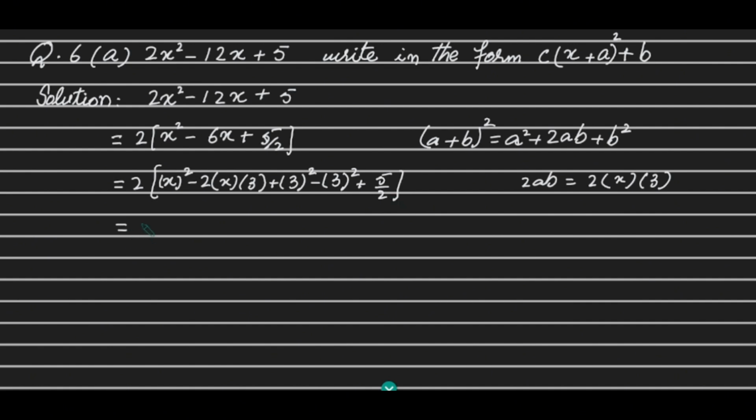Now we are looking at x squared minus 2x times 3, that is just like 2ab, plus 3 squared, which is b squared. We will convert these three terms into (a plus b) squared. Here the sign with 2 is negative, so we will write x minus 3 squared, and the next is minus 3 squared, which is 9, plus 5 by 2.